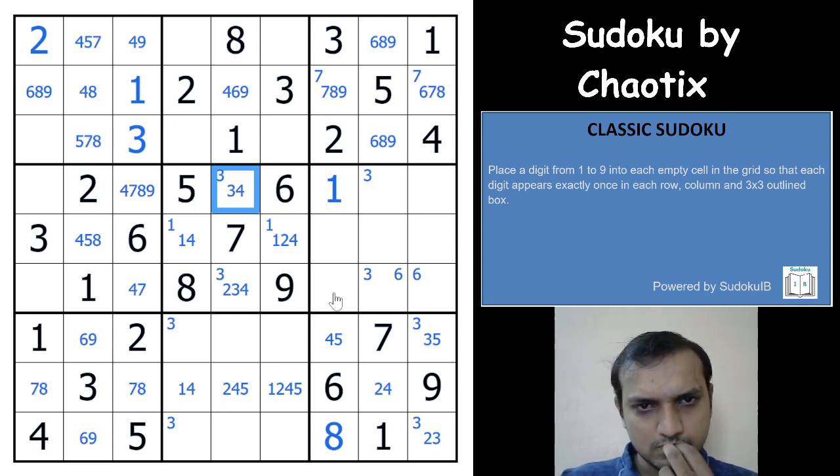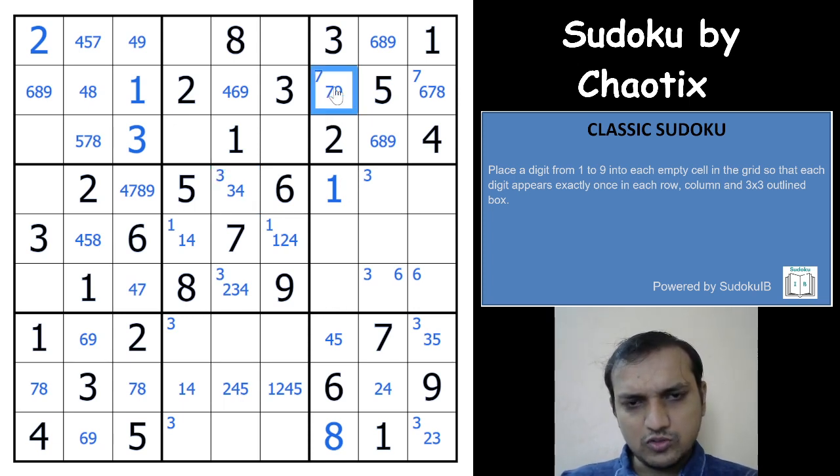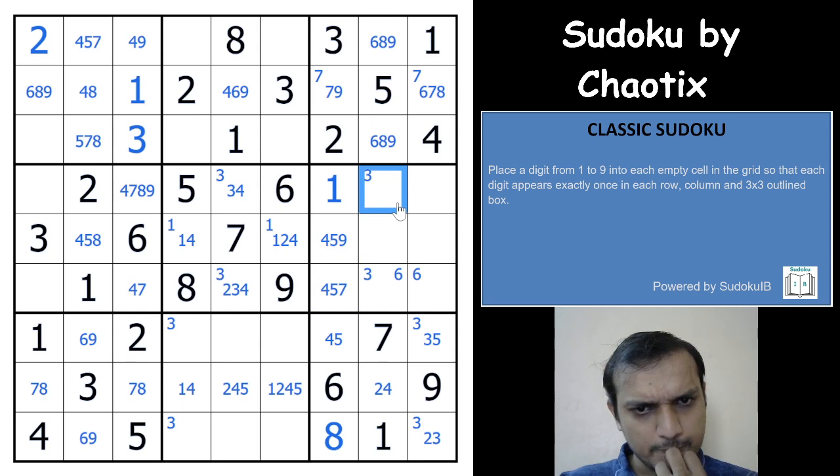This cell is not an 8. 7, 4, 5 and 9. 5, 7, 8, 9. 8, 9.